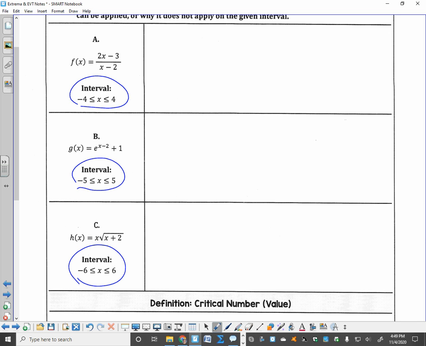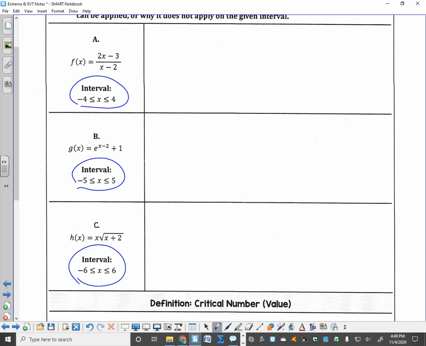If you think about the graph of e to the x, even though it's shifted, it's still all the way to the left and all the way to the right. We add 1, that just jacks it up 1, does not change the domain at all. So yes, the EVT does apply because g of x is continuous on the closed interval from -5 to 5.